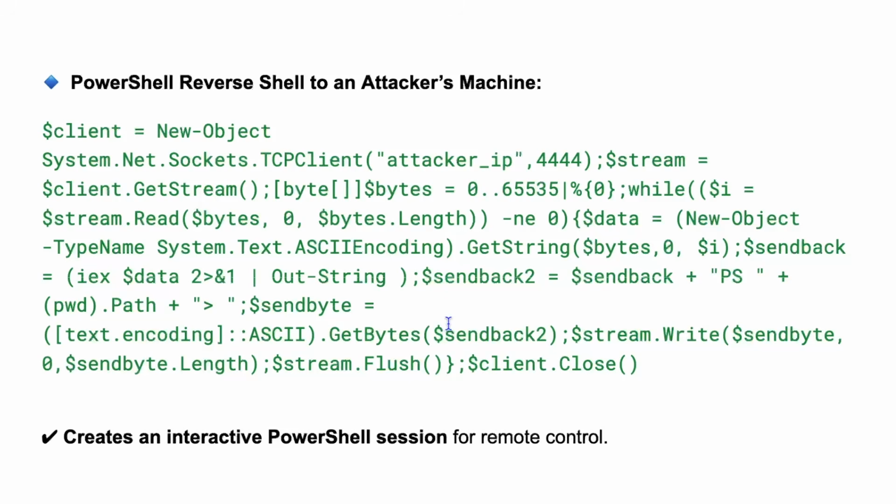This is a PowerShell script, or I should say a series of PowerShell commands. And PowerShell tends to be, in my opinion, a little bit more complex than Bash scripting. Bash tends to be a little more straightforward, and Python tends to be a little more straightforward.